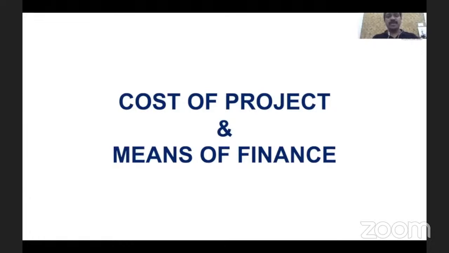But when it comes to a term loan, when he approaches you for putting up a project, you have to study in addition whether he is capable of implementing this project. Not only implementing, whether he is capable of taking this project through the project period, so that the term loan will get repaid without difficulty, whether he has the managerial capability, whether he has the technical expertise.